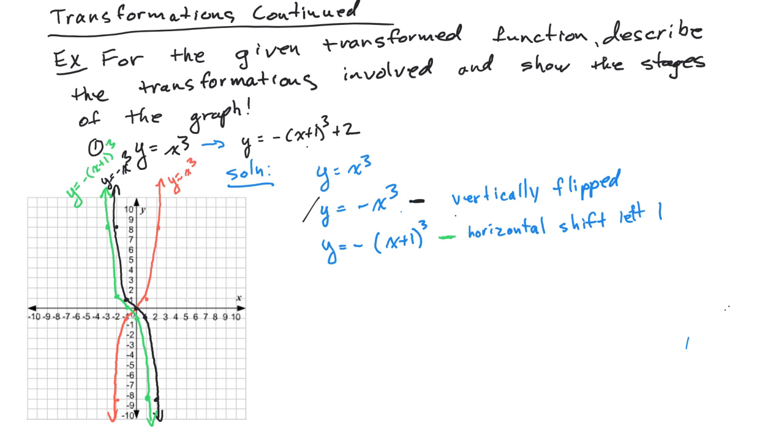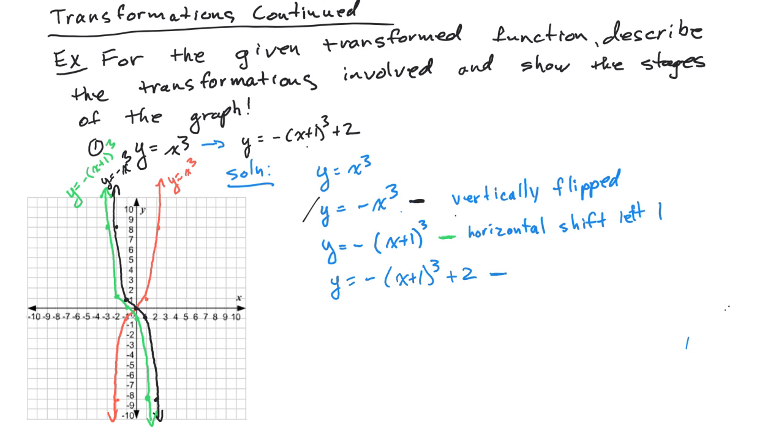Now that I've got that basic graph, we have to take a look at what the plus 2 does on our graph. To show that, you're just going to take what you had here and add the plus 2. So now we have y is equal to negative (x plus 1) cubed, and then plus 2.